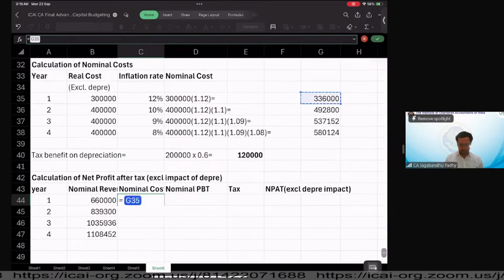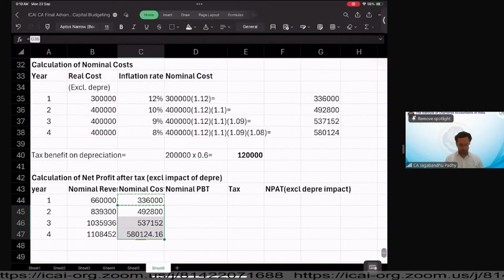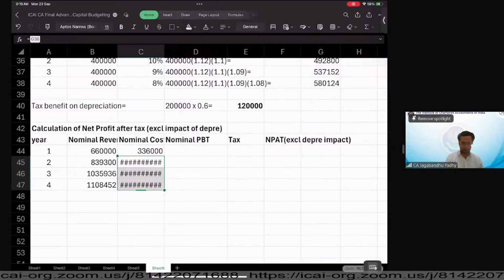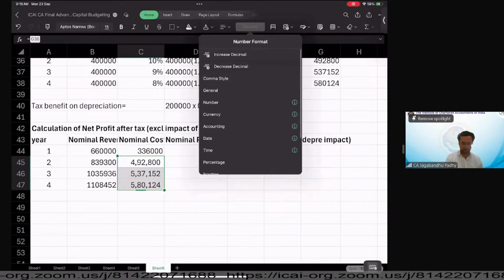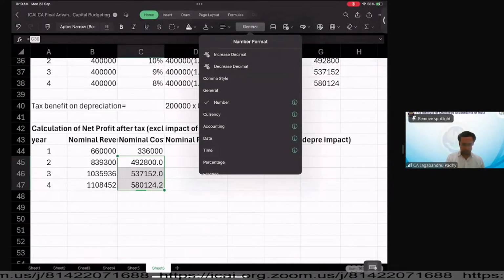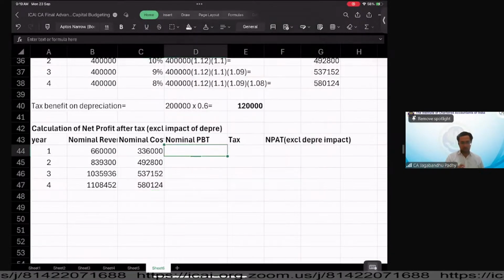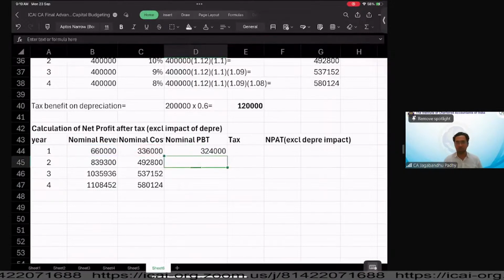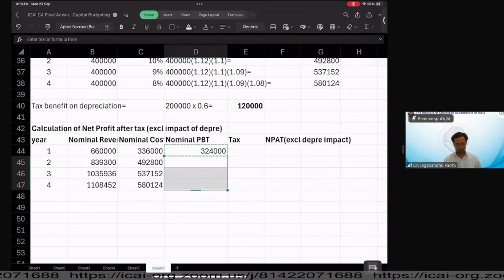Nominal cost is this. Nominal profit before tax will be, of course, revenue minus the cost. Correct.